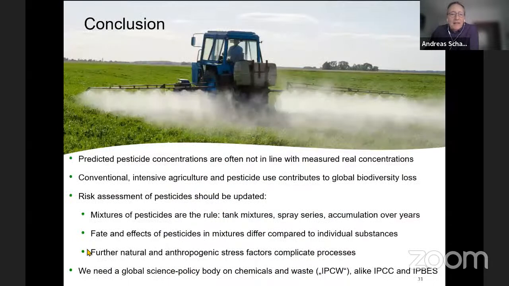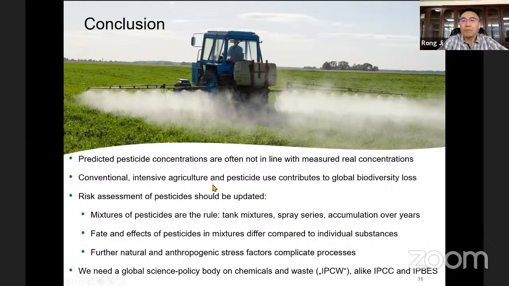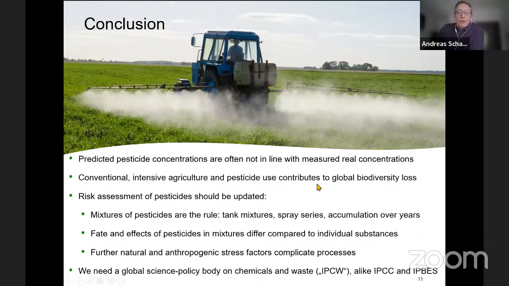So my last slide, the conclusion. Predicted pesticide concentrations are often not in line with measured real concentrations. And one reason for this is the mixture effect. Conventional intensive agriculture and pesticide use contributes to global biodiversity loss. The risk assessment of pesticides should be updated. Mixtures of pesticides are the rule: tank mixtures, spray series, accumulation over years.